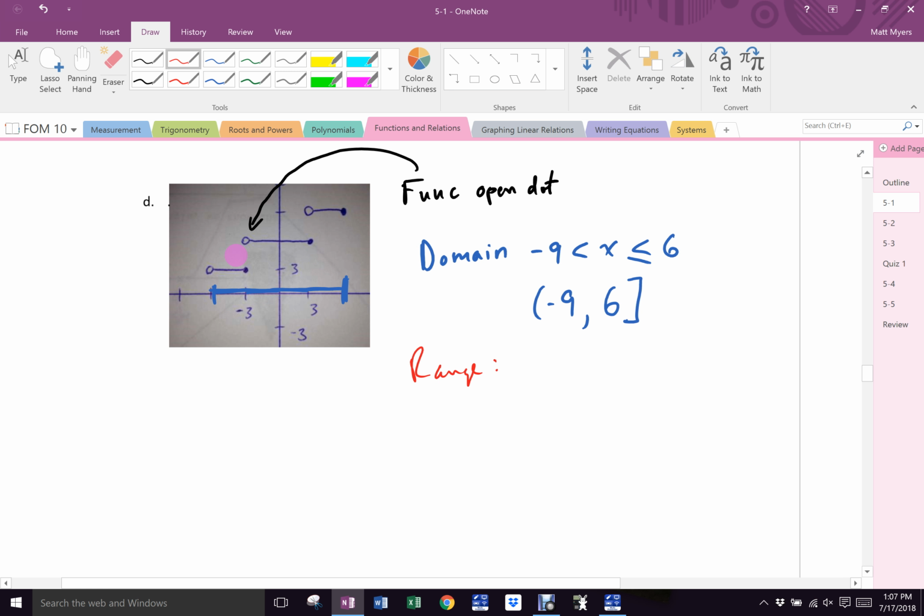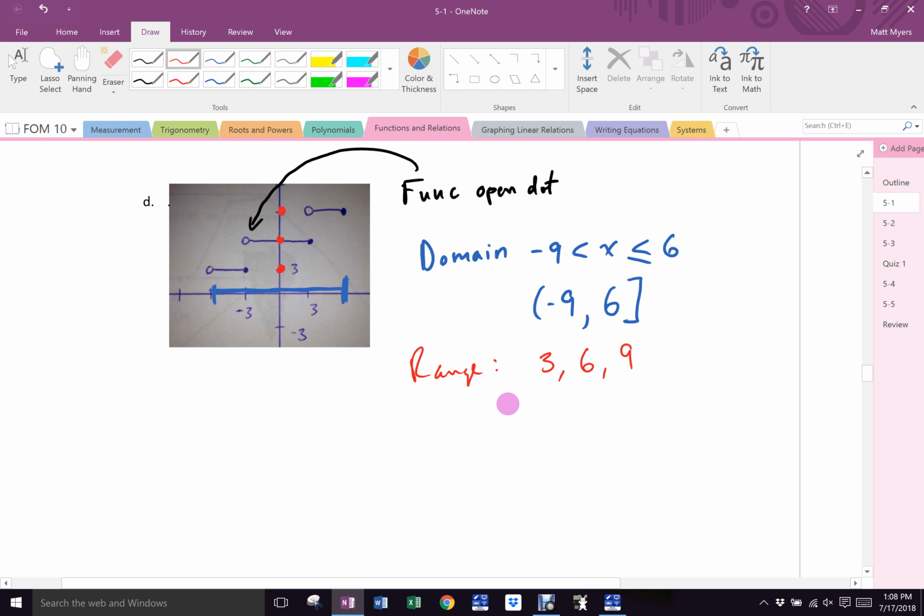What's my range? What do I count now, X's or Y's? Is there anything between 3 and the next one? So I can't color this in, can I? The next one's here. The next one's here. What are my only range values? Negative 3, 6, 9.